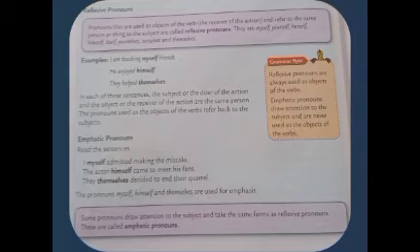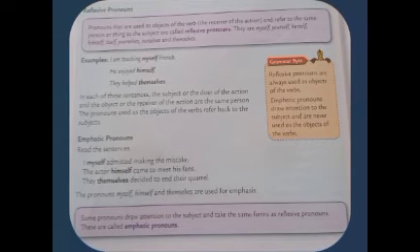The dog looked at itself. We are giving emphasis on the object here, the receiver of the action. We are focusing more on the receiver of the action. So it is a reflexive pronoun.